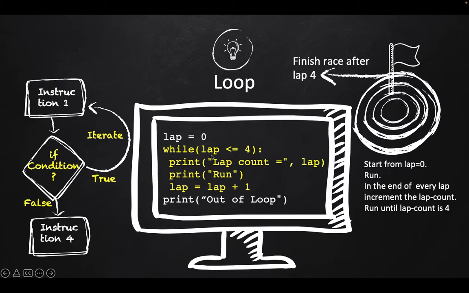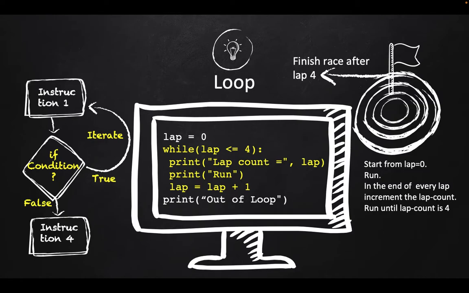It means until this condition is true, the loop will be executed. Here it means so long as the value of lap is less than or equal to 4, all the statements written in yellow will be repetitively executed. And once the lap value exceeds 4, the loop will be broken and the rest of the program, that is print out of loop, will be executed.